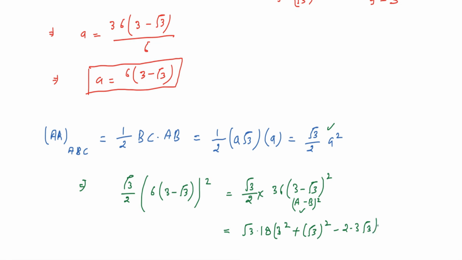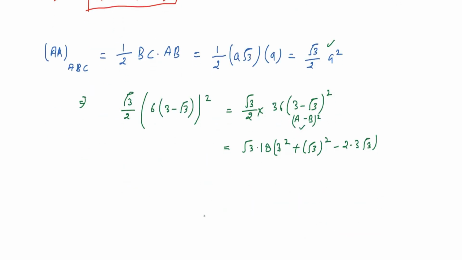So further we will have square root of 3 times 18, and the bracket can be written as 3 square, that is 9, square root of 3 square, that will be 3, minus 6 square root of 3. So after simplification, we will have square root of 3 times 18, 9 plus 3 it will become 12, and the remaining will be 6 square root of 3.